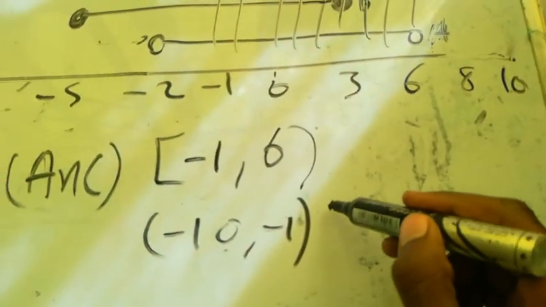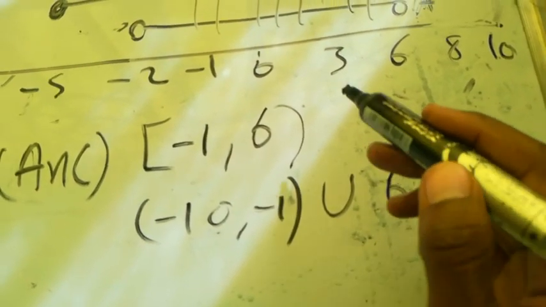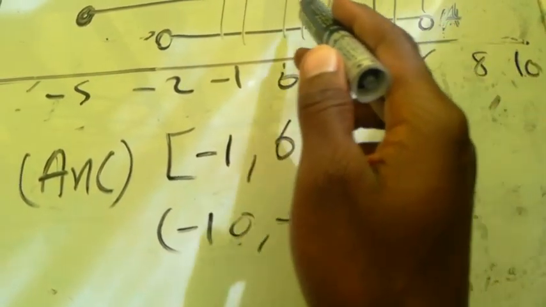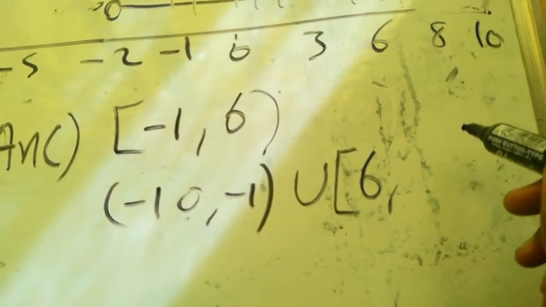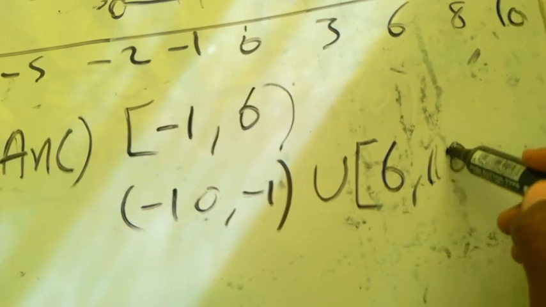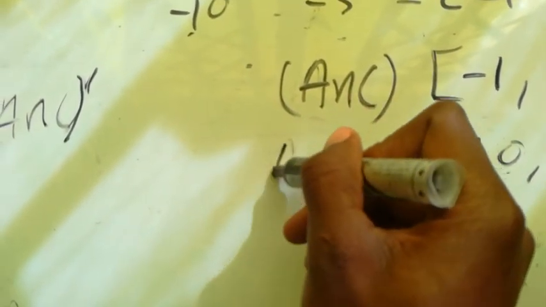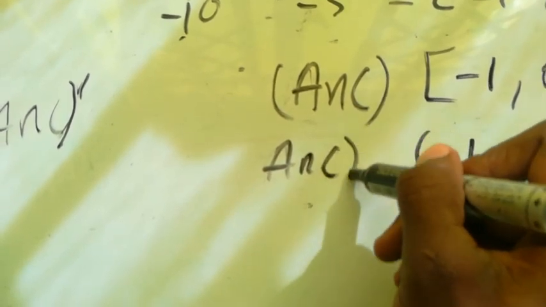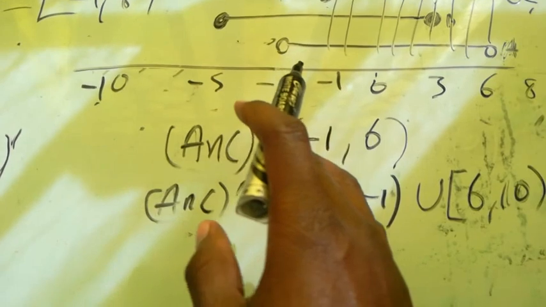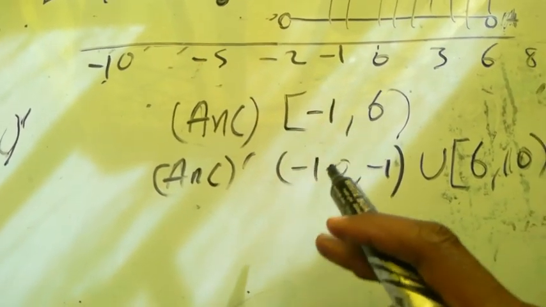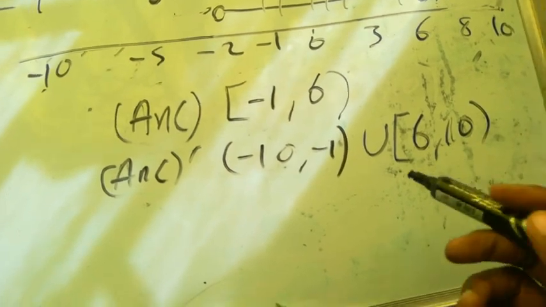So we're going to have a union. This will start from 6, which is not part of the intersection, so it will be part of the complement up to 10, right, up to 10. So this will be your A intersection C complement. So if you start with what's in the bracket, things will be simplified and you'll be able to answer such kinds of questions.